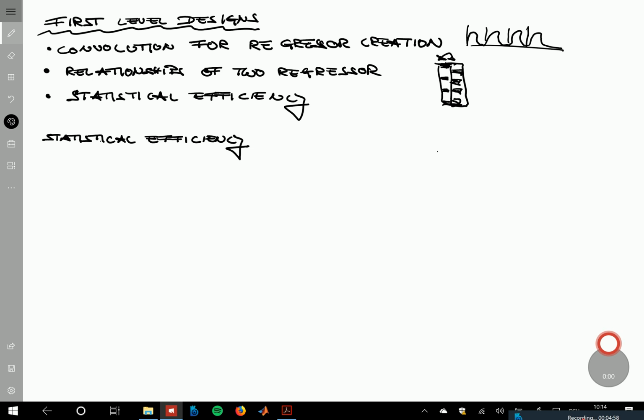Yeah. So you have a design matrix that, of course, this applies in general, even if you don't use convolution-based regressor formation, but of course in our case, it's usually intermingled.